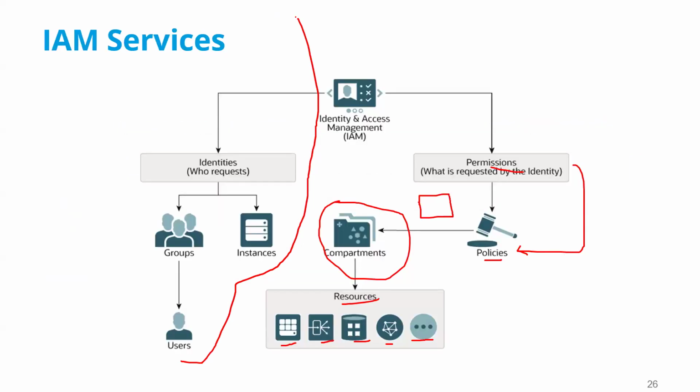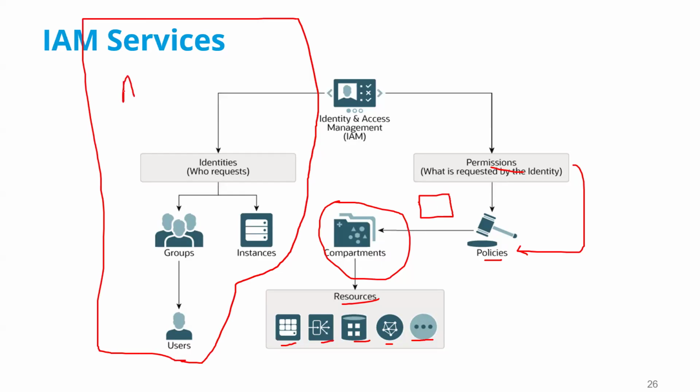So on the left side, this part is used for authentication. We call it auth n, authentication. And this right side, we call it auth z, which is for authorization.